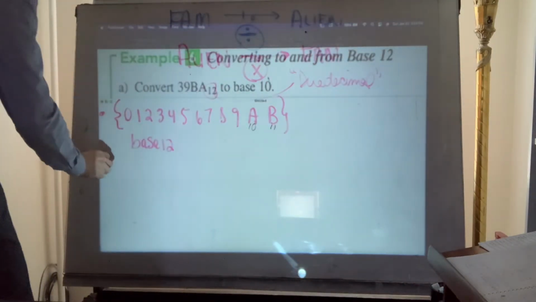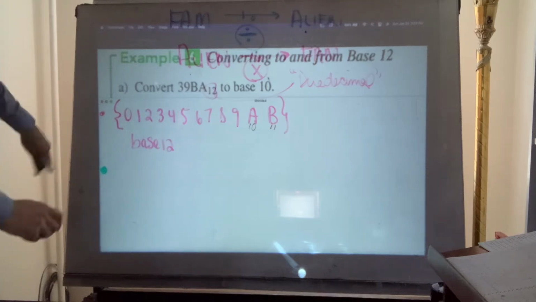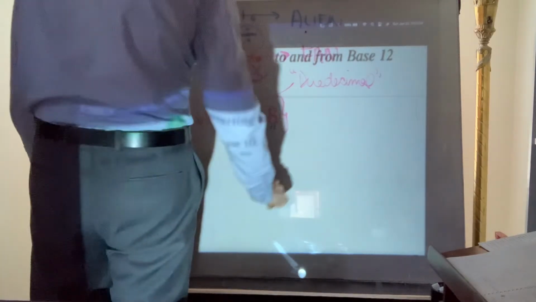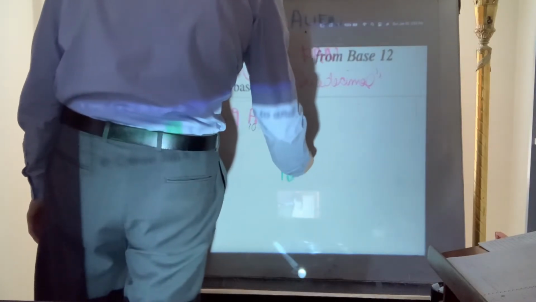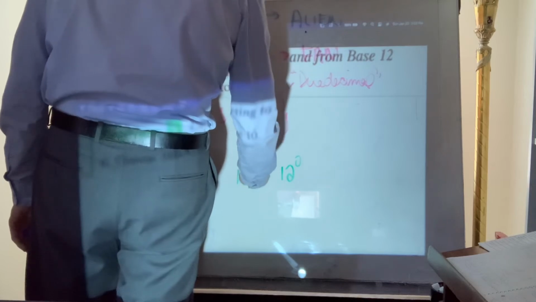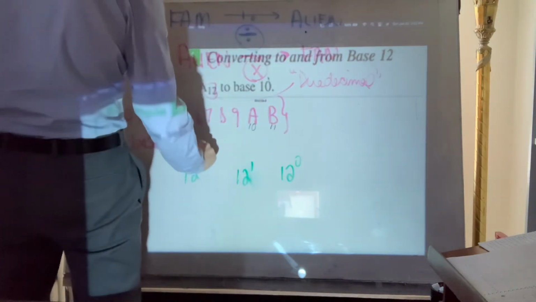Okay. What are the position values of base 12? You kind of have to write from the right side, so that is annoying. 12 to the 0, 12 to the 1, 12 squared.